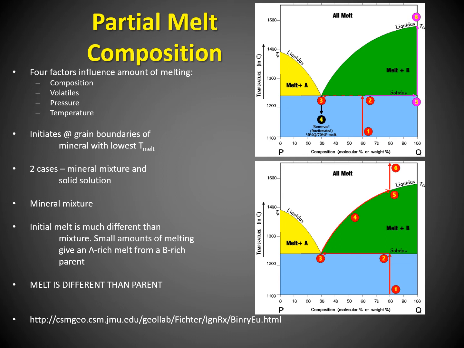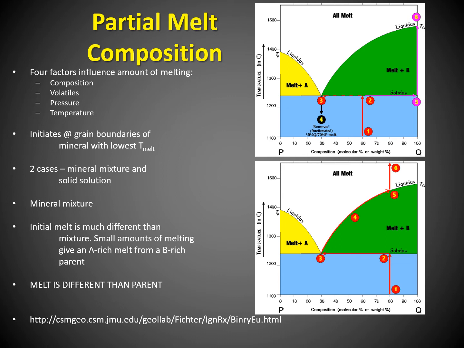Here are a couple of phase diagrams where you have a mix of two distinct different minerals. Okay, maybe one's an olivine, maybe one's a pyroxene. So it's a rock with two different minerals in it. If you were looking at this sample, you'd see, oh, there's some olivine, or there's some pyroxene, or there's some amphibole, whatever. Two different minerals in it, right?